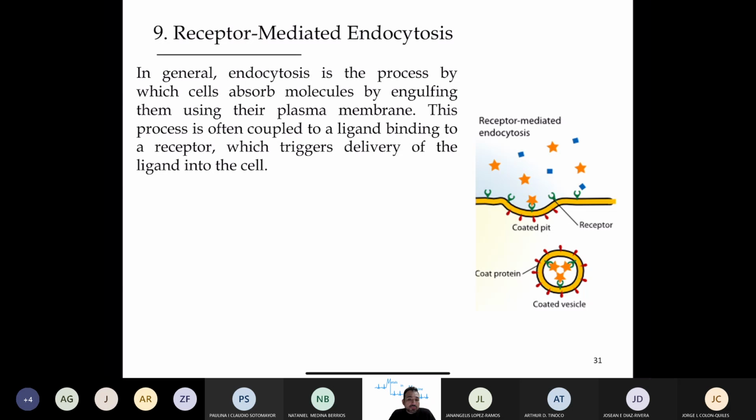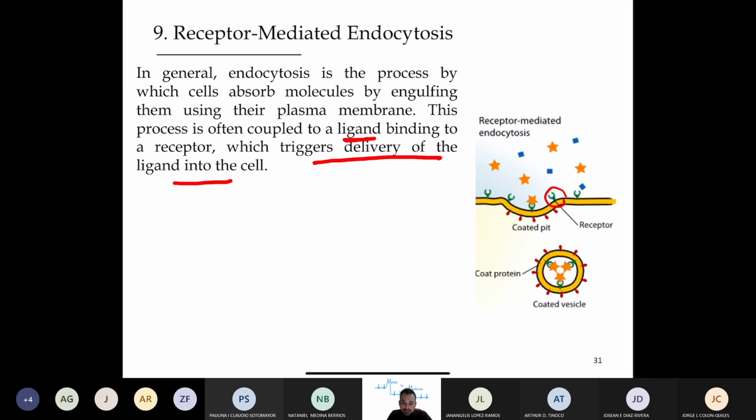And this process is coupled to a ligand binding to a receptor. Ligand in this context is not like a metal binding molecule, but rather something that is recognized by a receptor. This interaction between ligand and receptor triggers delivery of the ligand into the cell. So in this representation, we have a receptor represented in green.